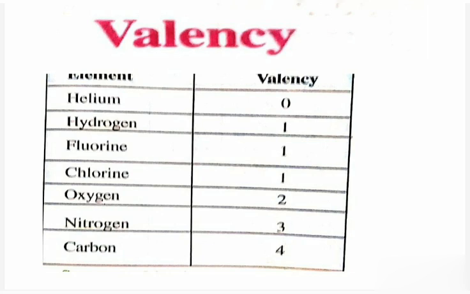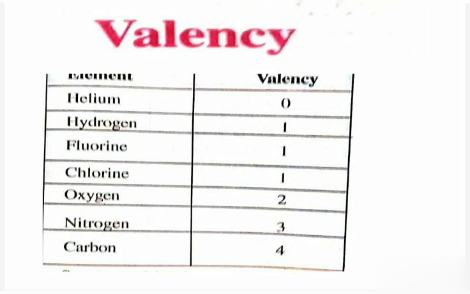Here, hydrogen has atomic number 1, so one electron is there. Which shell will it occupy? The n equals 1 shell. Helium has atomic number 2, so 2 electrons are there, and they occupy the n equals 1 shell only.